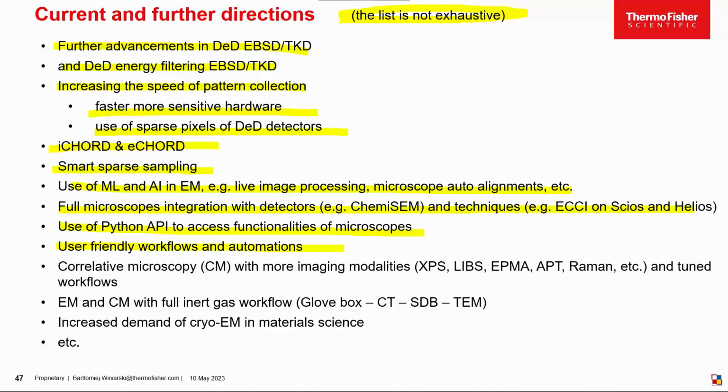User-friendly workflows and automations. Correlative microscopy with more imaging modalities, for example, adding XPS, LIBS, EPMA, APT, Raman, etc., and tuned workflows. Electron microscopy and correlative microscopy with fully integrated inert gas workflows, glovebox, microCT, dual beams, and TEM.